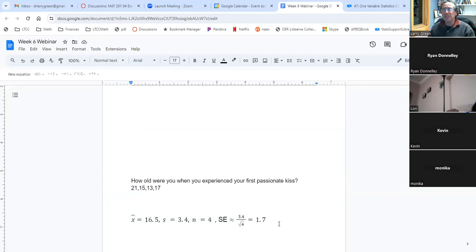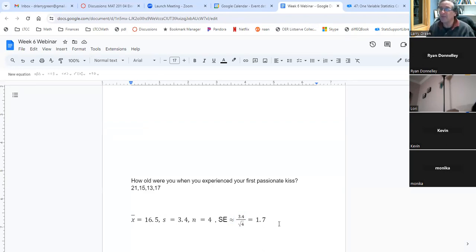Okay, if I wanted to decrease my standard error, let's say by a factor of 3, how big a sample size would I need? Instead of a sample size of 4, what do I need? It turns out not 12, because the square root of 3 doesn't help. You need to multiply by 9. You need 36, because the square root of 9 is 3.